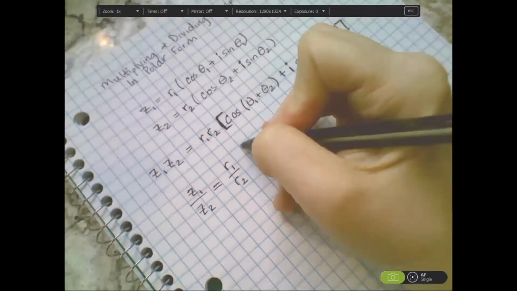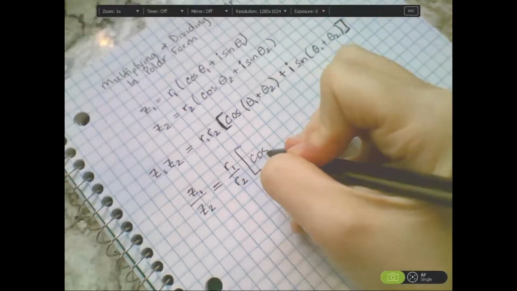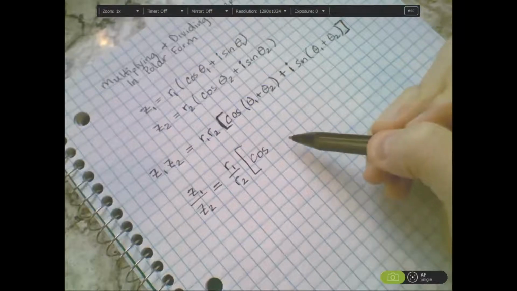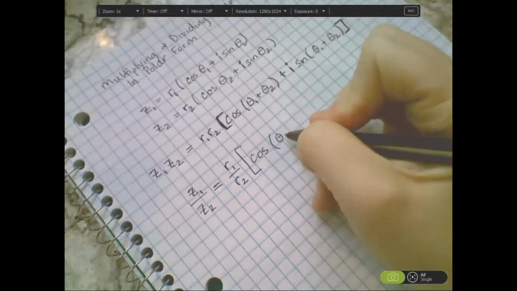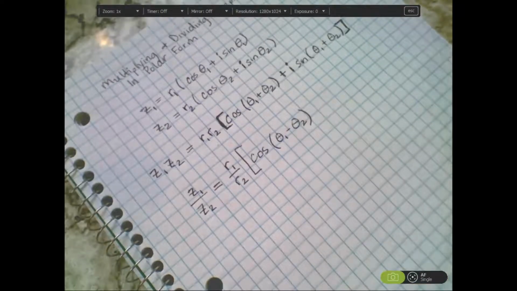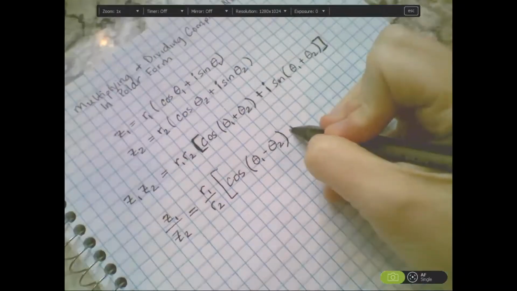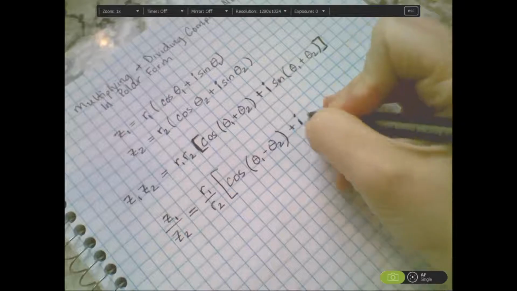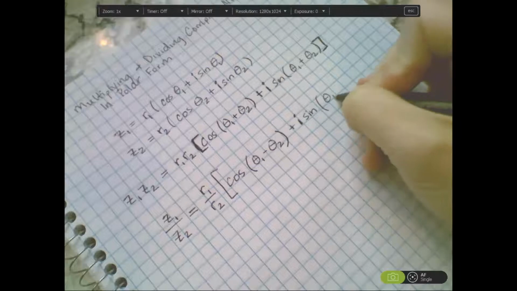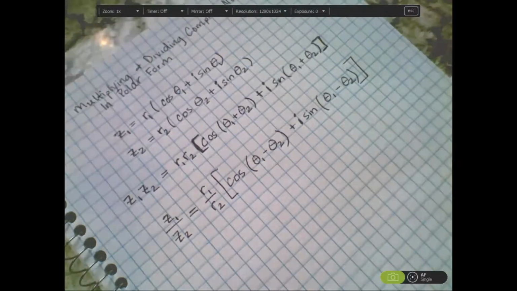And then we've got our bracket, and we're going to have our cosine. But instead of adding the two angles together, now when we're dividing, we're going to subtract the angles. So it's going to be theta 1 minus theta 2 to get a brand new angle. We're going to evaluate that in our examples in just a second. And then we have our I and our sine, and again, theta 1 minus theta 2, our bracket.